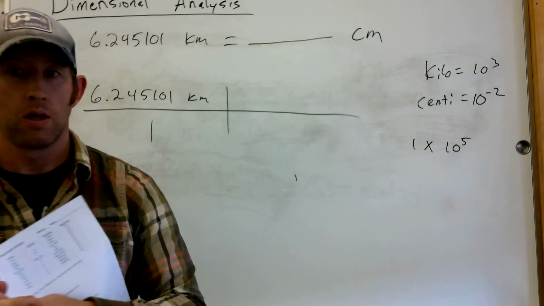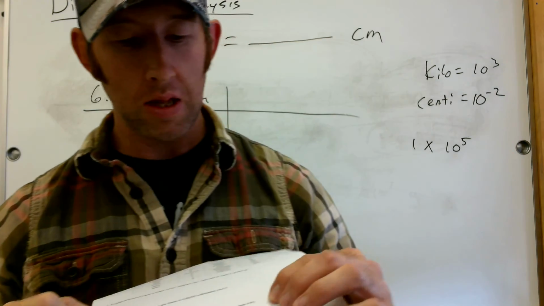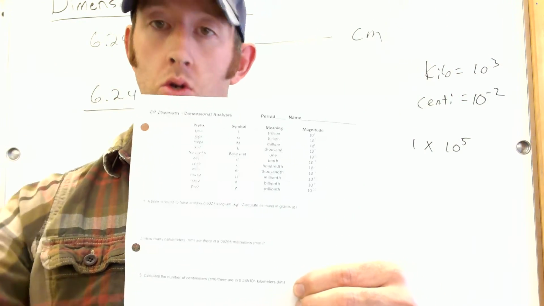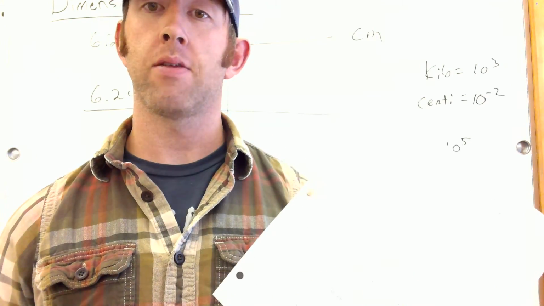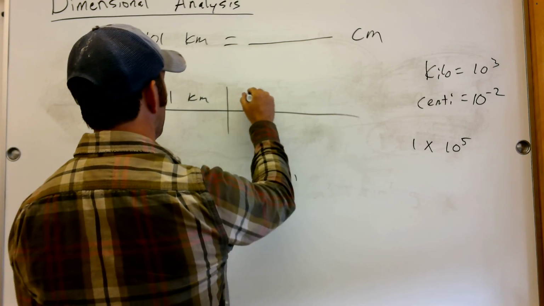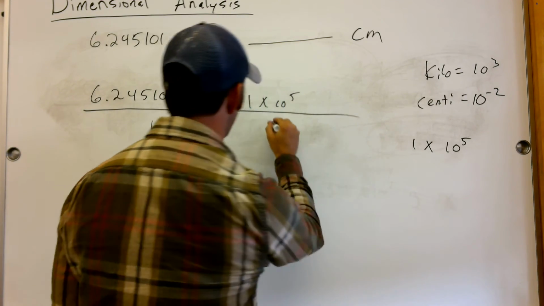All right? So what am I doing this time? I'm going from kilo to centi. So once more, I'm going from a large unit to a smaller unit. So where does my difference in magnitude go? Top. 1 times 10 to the 5th, okay, over 1.